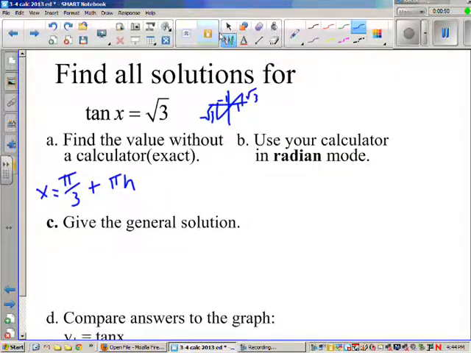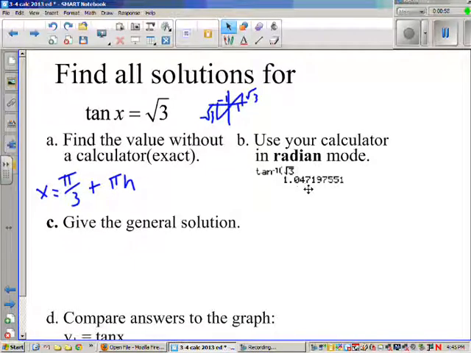Now using your calculator we can find this information fairly easily. We get inverse tan of root 3 is 1.047, and if you do the math on that, pi is 3.14, so if you divide 3.14 by 3, you get 1.047. And if we added the period on this, it would be plus pi n.